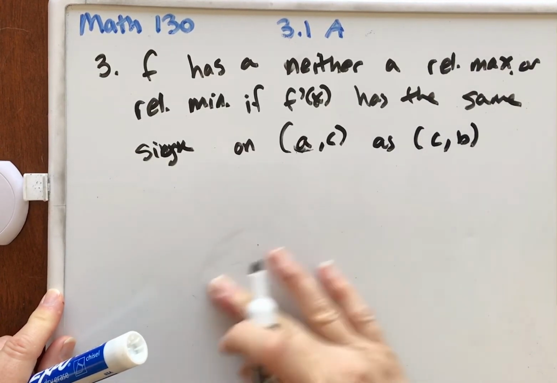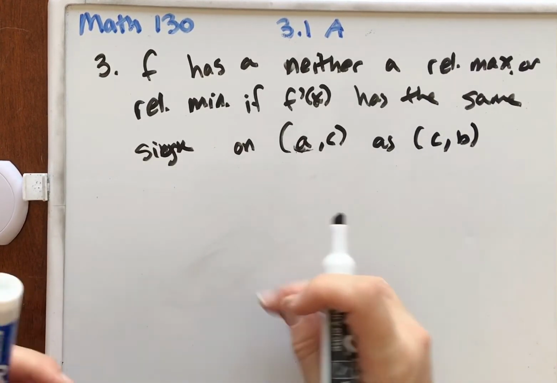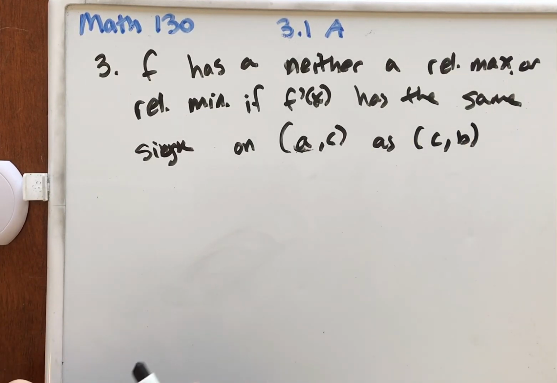And that makes sense. If the slope is the same, like they're both positive, then we're not going to have a relative max or a relative min if they're both positive or both negative.